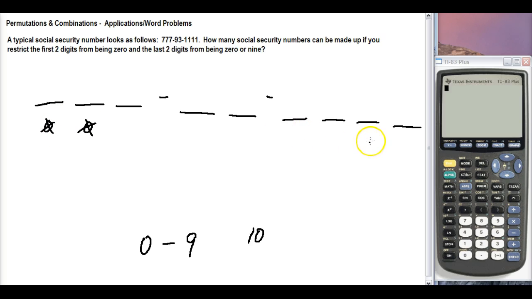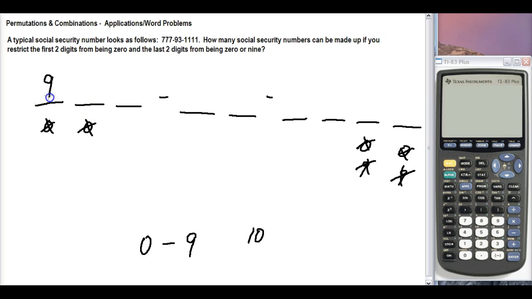And then for the last 2, we can't have a 0 there, and we can't have a 9 either. Then in our assumption of this, we notice that out of the 10 digits for these 2 spaces, we only have 9 digits left that we can choose from.